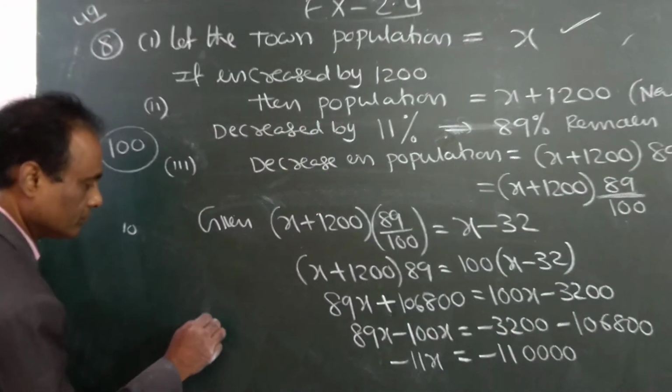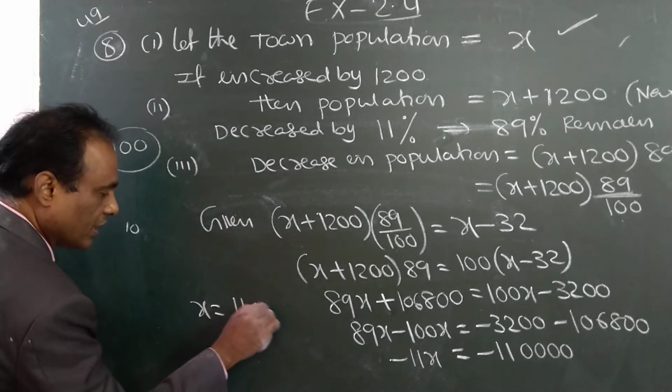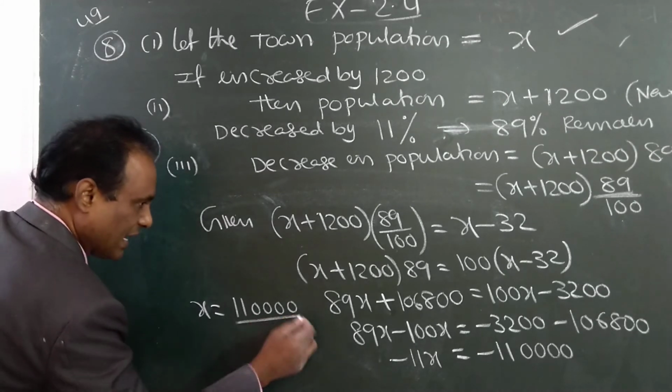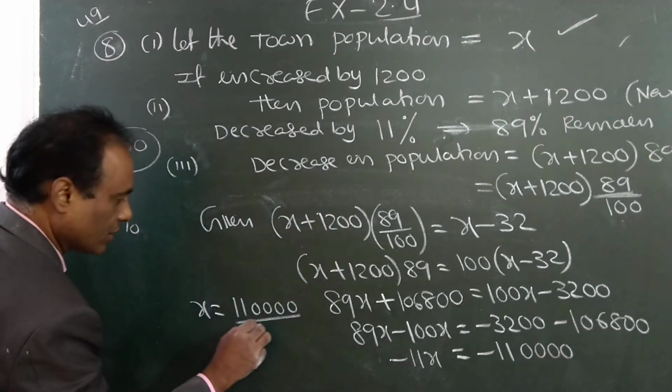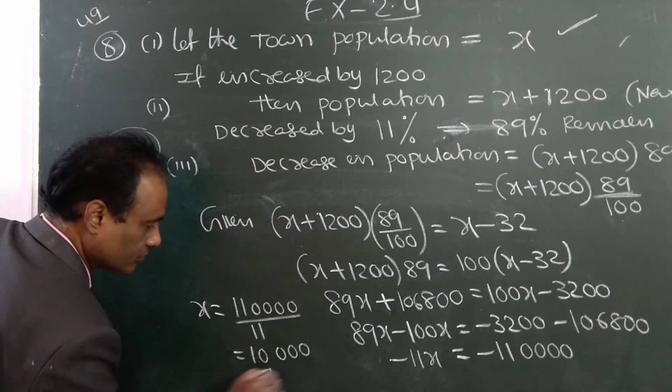The x cancel. That is minus minus cancel. x is equal to 11 followed by 4 zeros, and the 11 will be in the denominator. 11 cancels, so 10,000 is the answer.